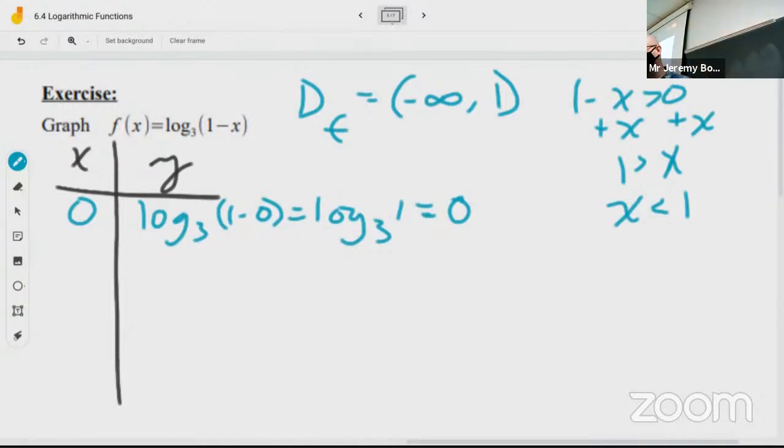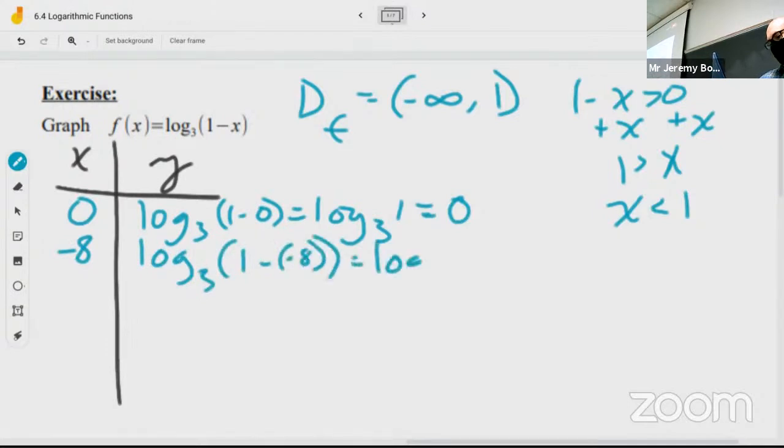What else? What are some other points you think we can use? -8. Let's see. Log base 3 of 1 minus -8. Oh yeah. So we have log base 3 of 1 plus 8, which is 9, which is going to be what? 2.